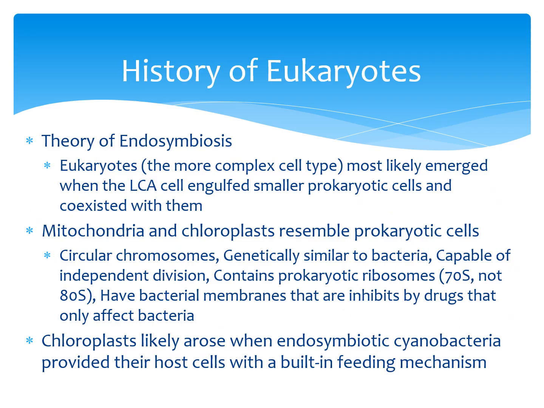I do want to dive a little bit into the history of eukaryotic cells and how they came to be. Specifically, how do we have these cells that have organelles inside of them? So that leads us to the theory of endosymbiosis. And before we get started, I do want to give you a definition of what a theory is.